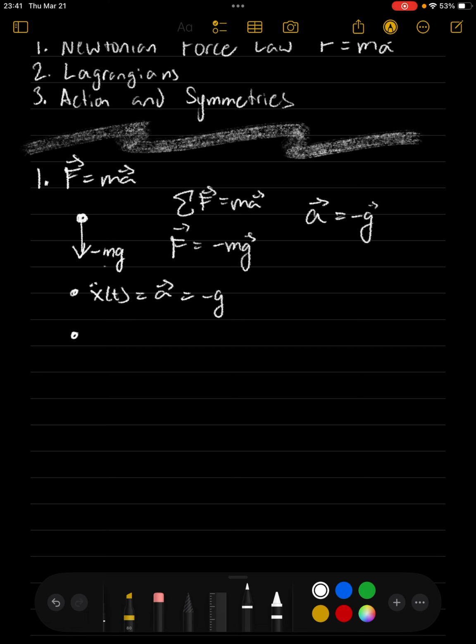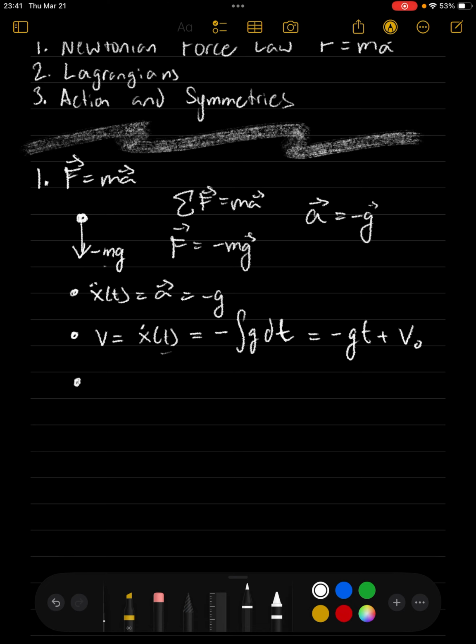From here, we can also see that the velocity, which is equal to the first derivative of the position x, we can find just by integrating it, which is negative g dt, because we're looking at this over time. And then from there, we can see that this is minus gt plus a constant, which in this case is the initial velocity.